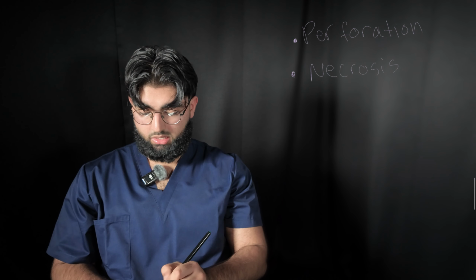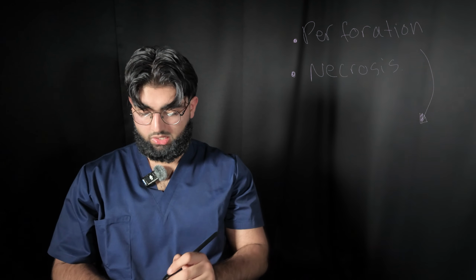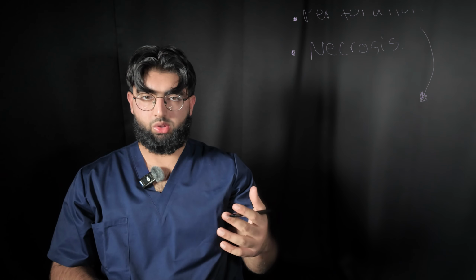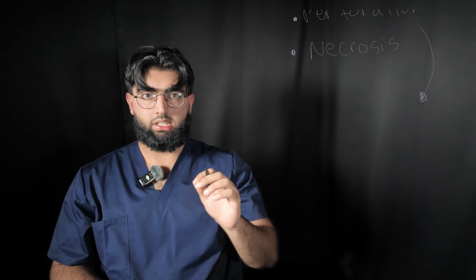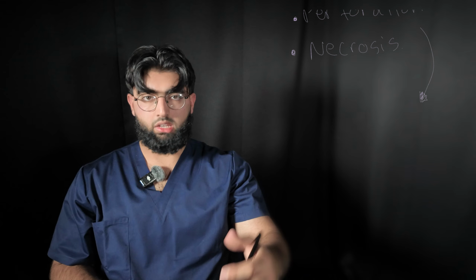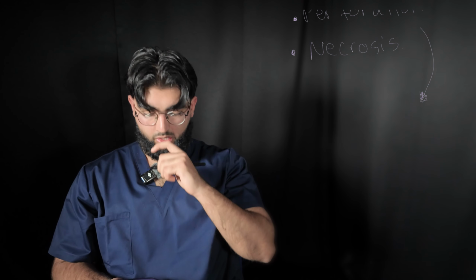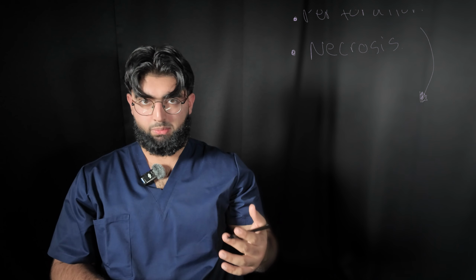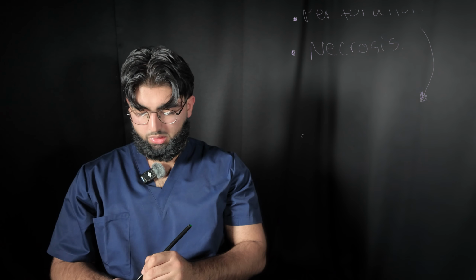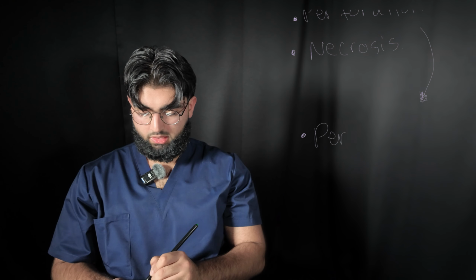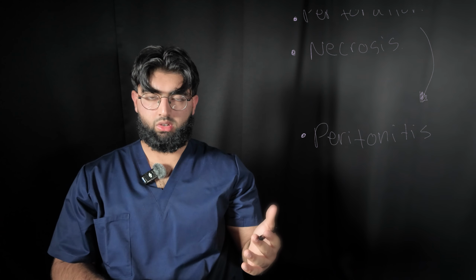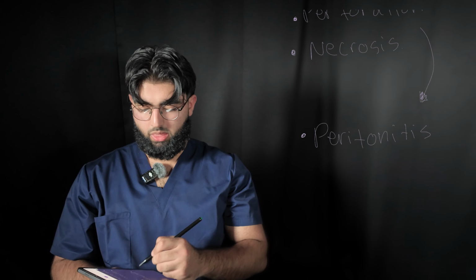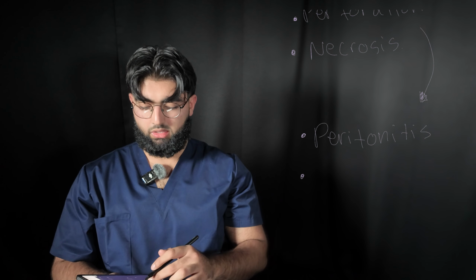But in terms of perforation, what actually happens is that all that bacterial overgrowth that's been going on inside the appendix is now able to freely flow into the peritoneal cavity. When that happens, a few things can occur. You can get peritonitis, which is obviously inflammation of the peritoneal cavity.